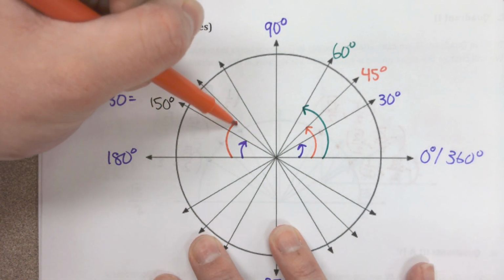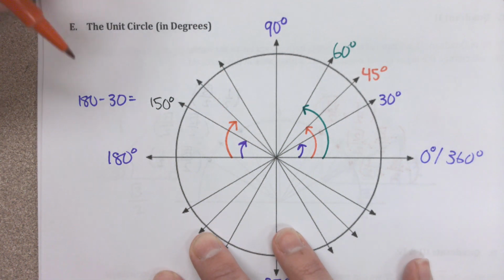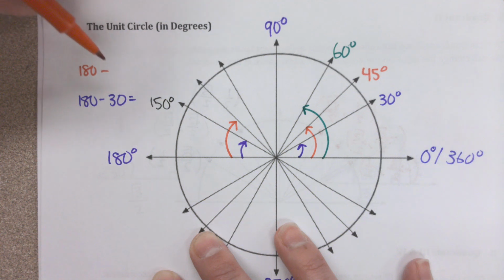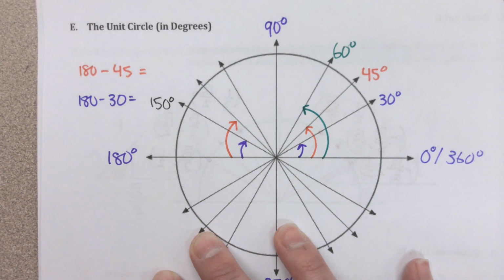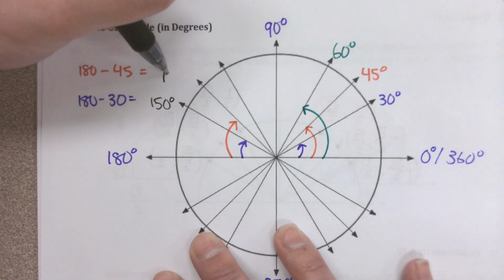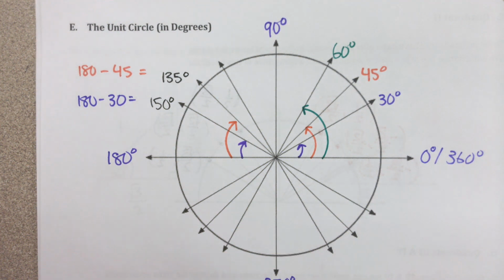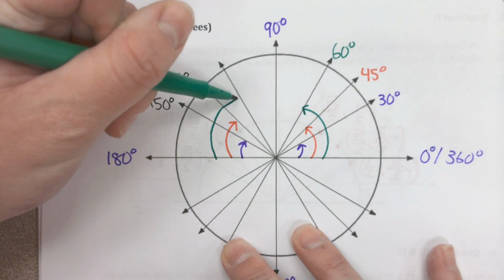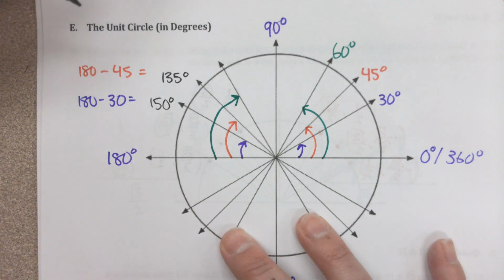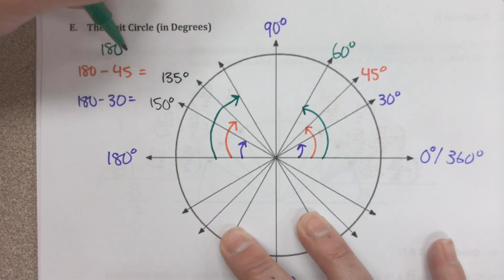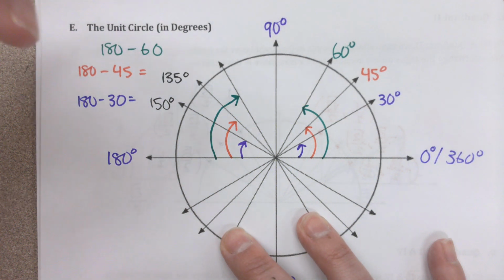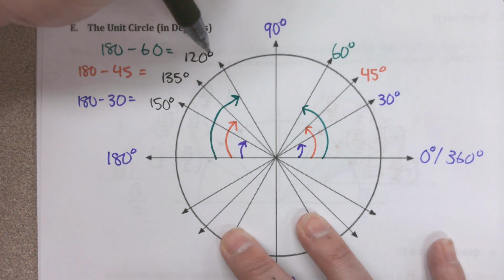Same thing, this here is 45 degrees. So 180 minus 45. That's 135 degrees. And this is 60. 180 minus 60. That's 120 degrees.